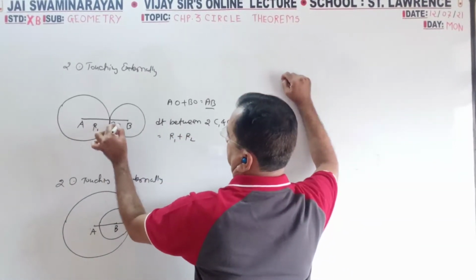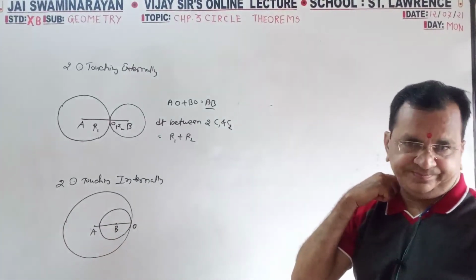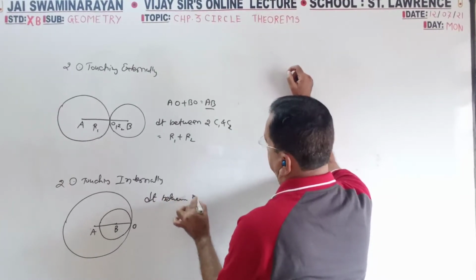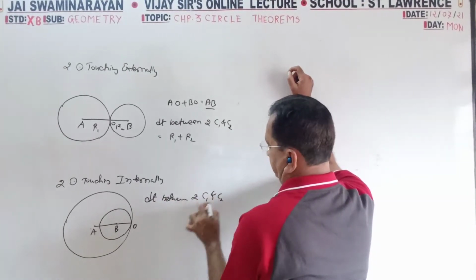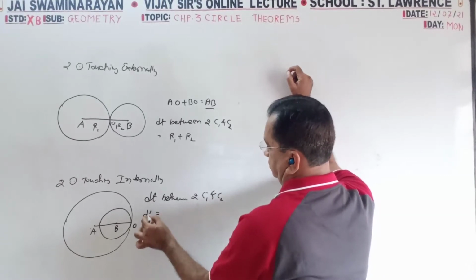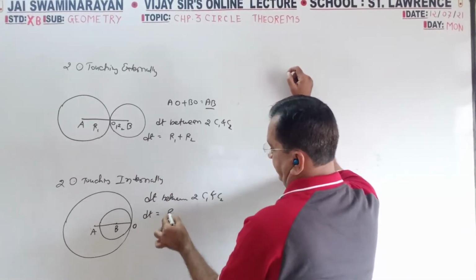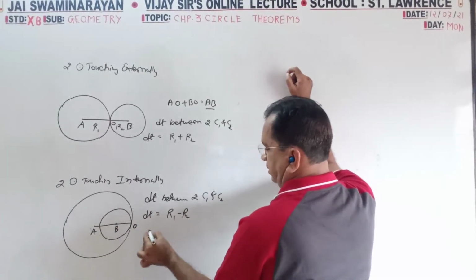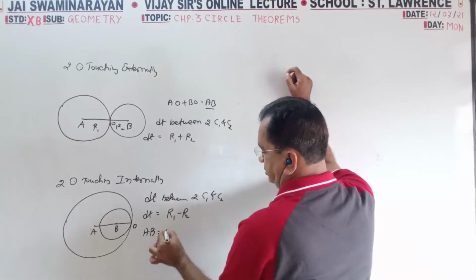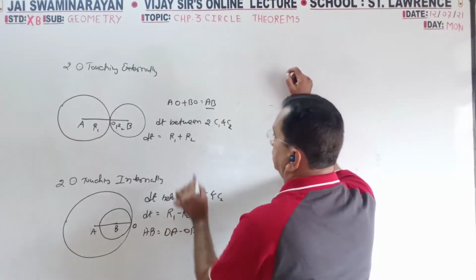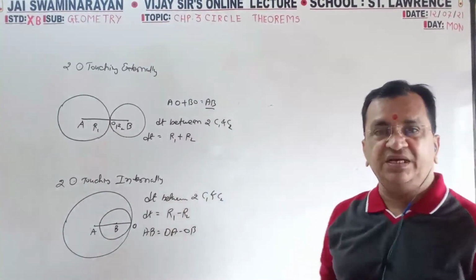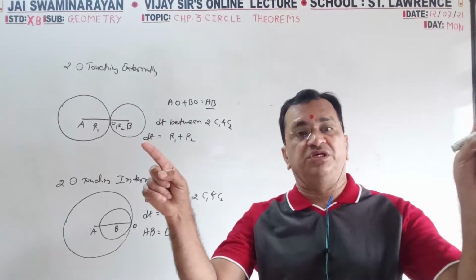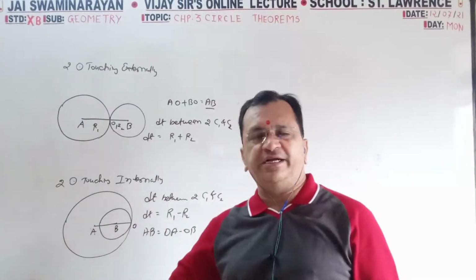This radius minus this radius, you will get this. Means AB is equal to OA minus OB. When touching externally, you have to add the radii. Radius plus radius is equal to distance. Here big radius minus small radius is equal to the distance.